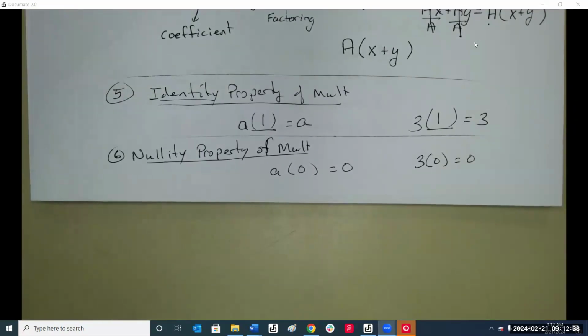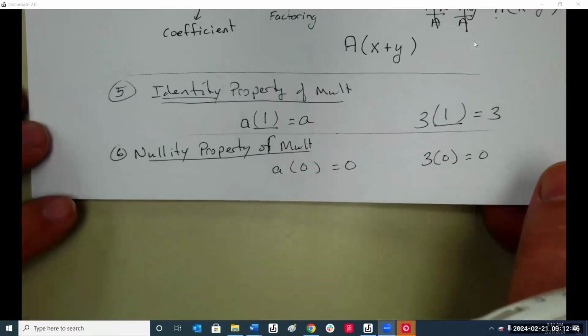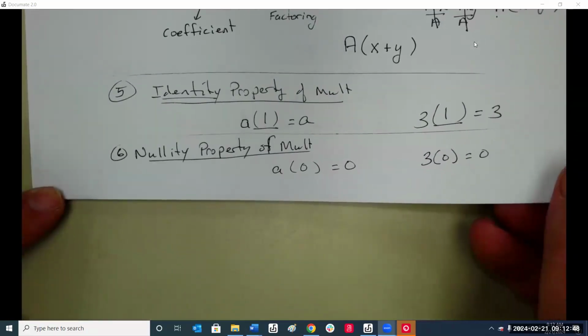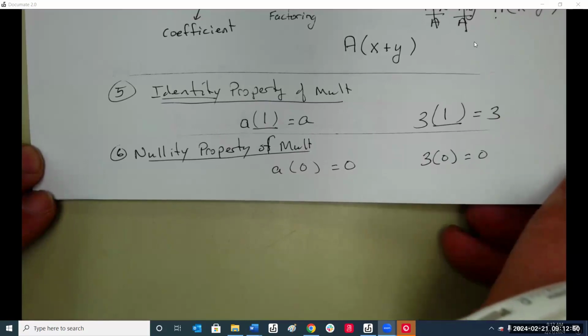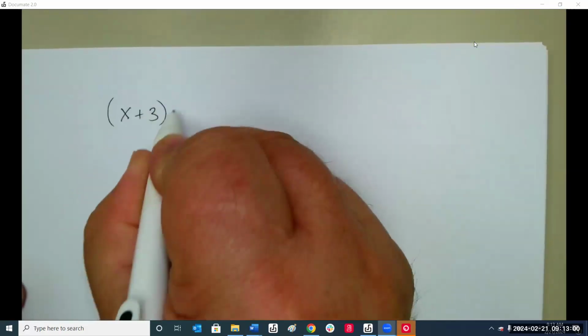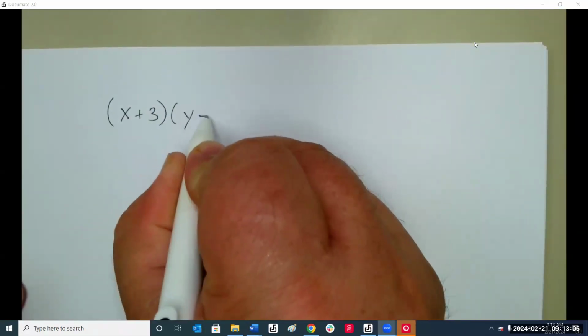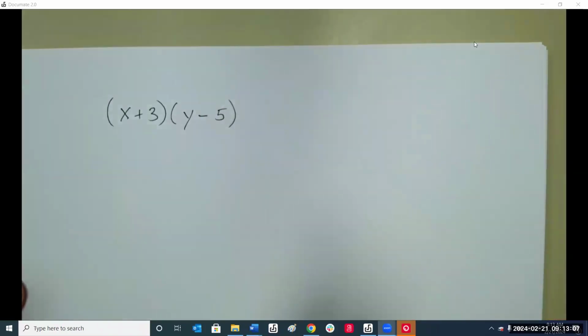Check out the distributive property. Ooh, yes. You've seen this before in math classes. X plus 3 times y minus 5.